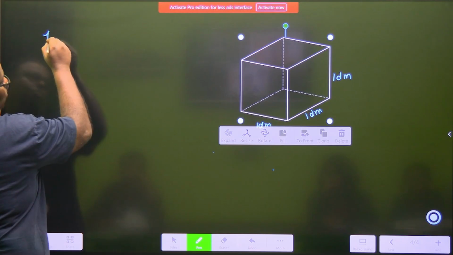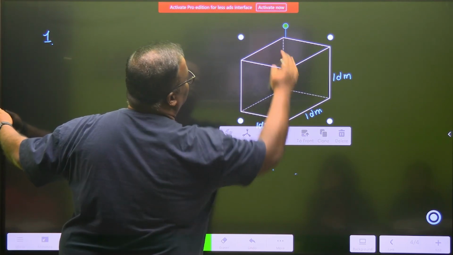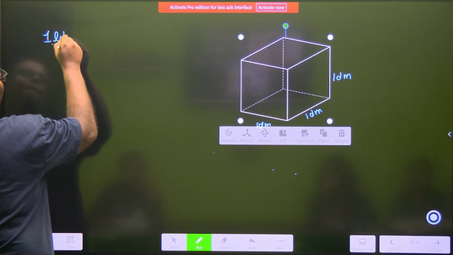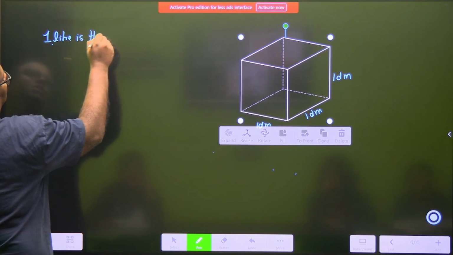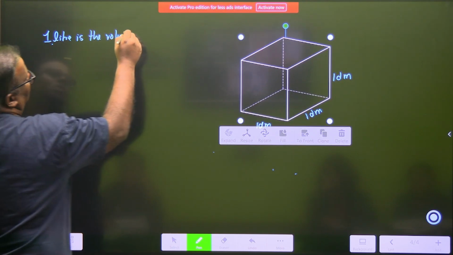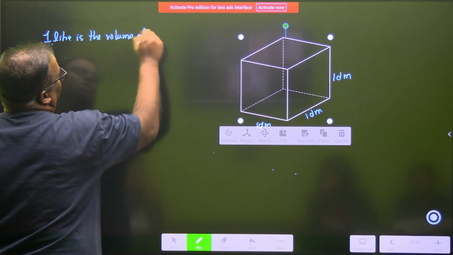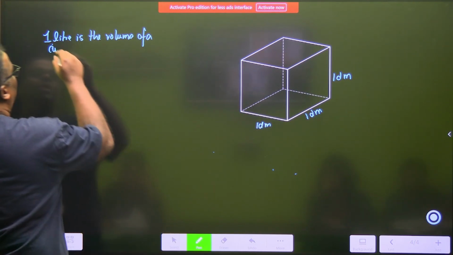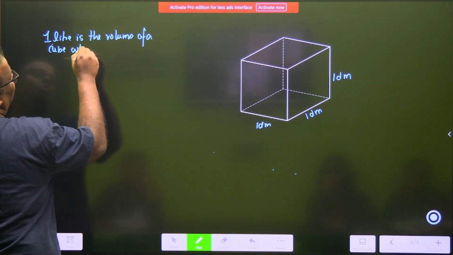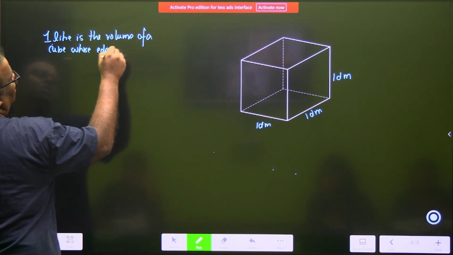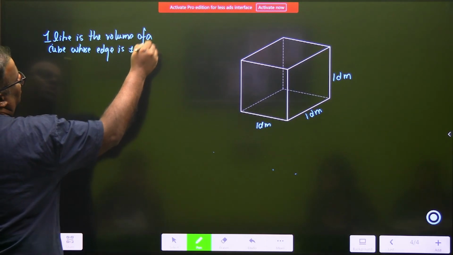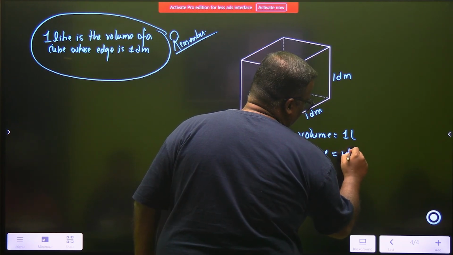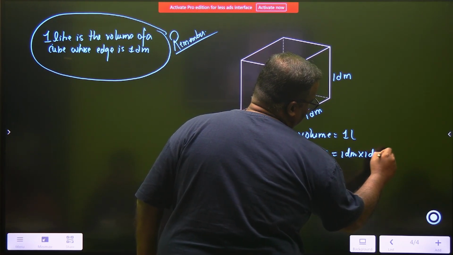So we say 1 liter is the volume of a cube whose edge is 1 dm. So the volume is equal to 1 dm into 1 dm into 1 dm.